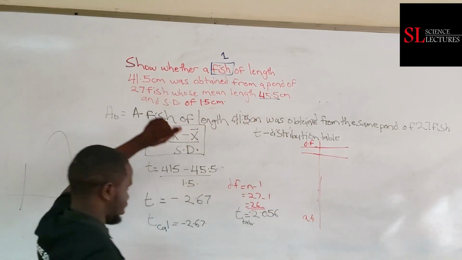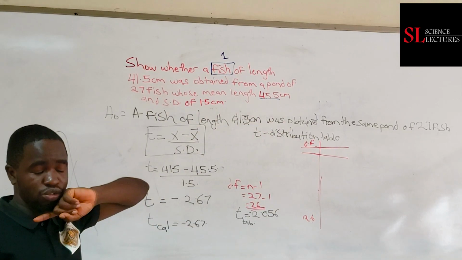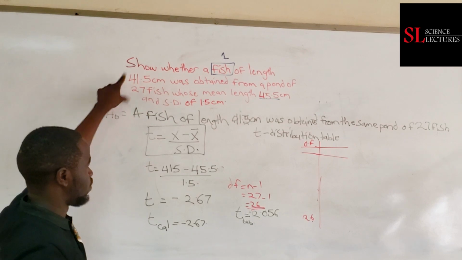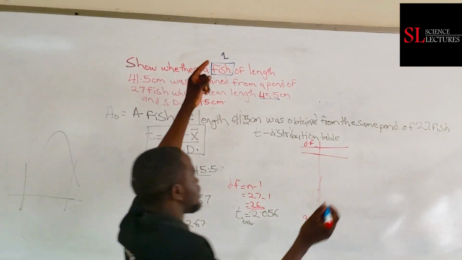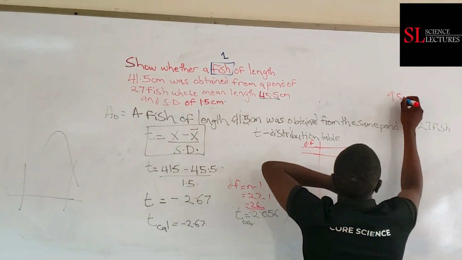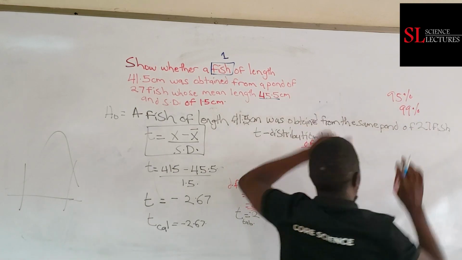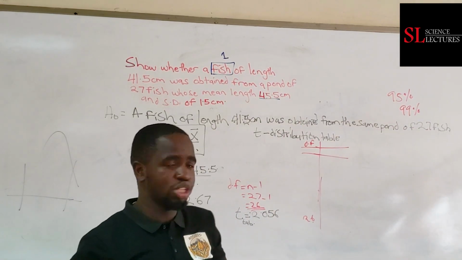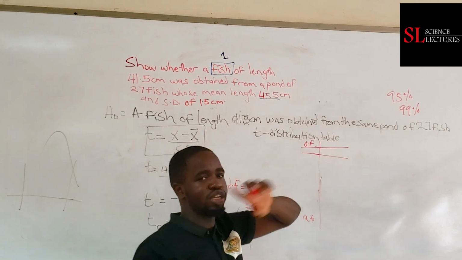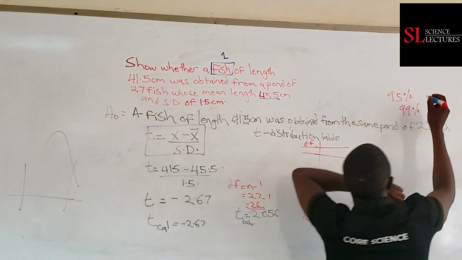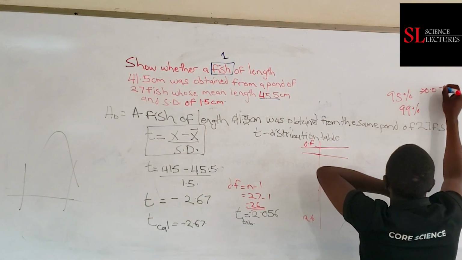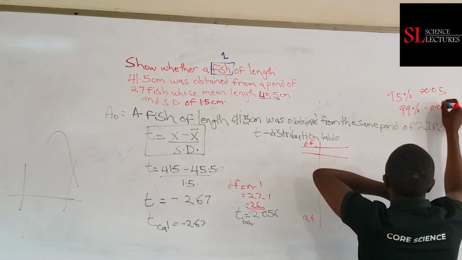Then, as you were told earlier, there is what we call the confidence interval. Our confidence interval can be at 95% or at 99%. However, in those statistical tables, we don't have 95 or 99. Instead you have 0.05 and 0.01.